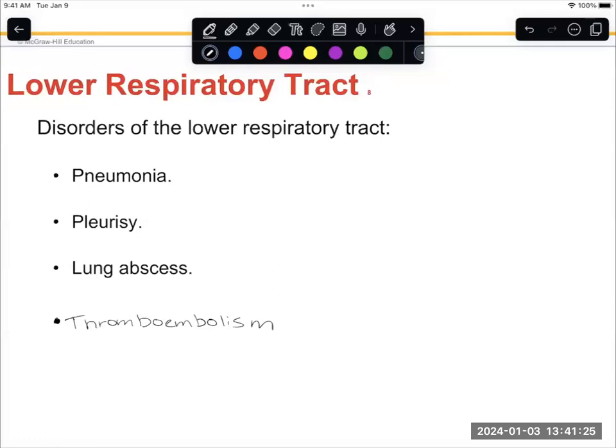It travels through the circulatory system, and then it comes to the lung, and it's going to get stuck in one of those pulmonary arteries and cut off blood supply to that section of the lung. Somebody with a thromboembolism is going to have chest pain, dyspnea, shortness of breath, tachypnea, so rapid breathing, and hypoxia, low blood oxygen levels.